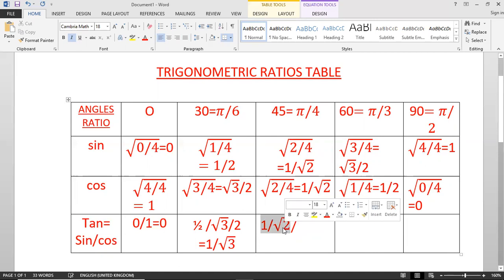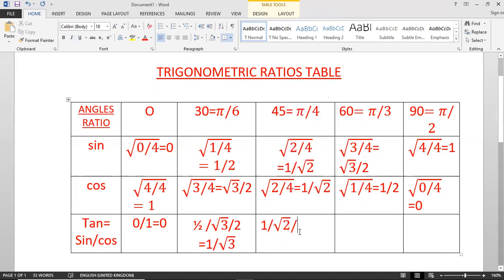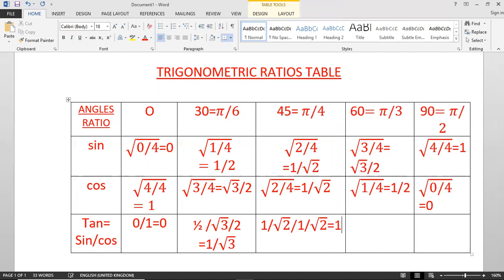So the value of sine 45 will be divided by the value of cos 45. Consequently, this will give you the answer equal to 1.